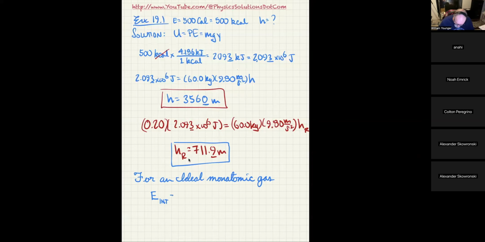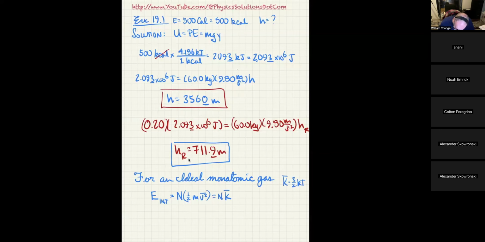So if we assume that there's N molecules slash atoms, but in this case it literally has to be atoms, then the internal energy is N times 1/2 m v squared bar. And we know that's the average kinetic energy, so that's N times K bar. But we also know that K bar is equal to 3/2 kT.